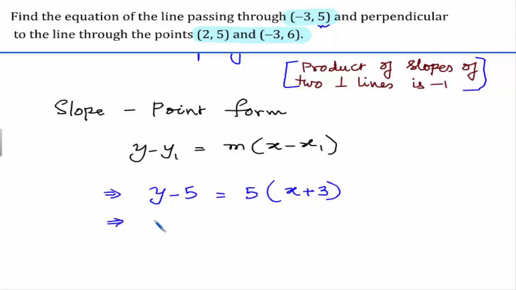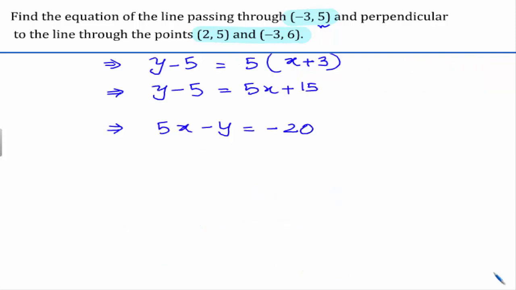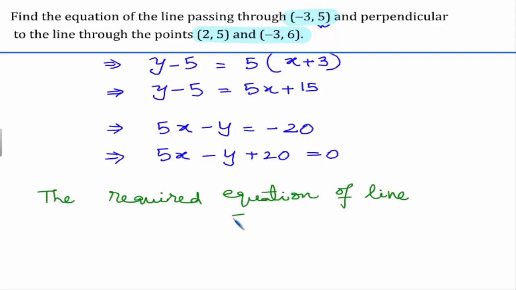If we simplify this, y minus 5 is 5x plus 15, which gives 5x minus y is equal to minus 20. And if we write everything on one side, we get 5x minus y plus 20 is equal to 0. So the required equation of the line is 5x minus y plus 20 is equal to 0.